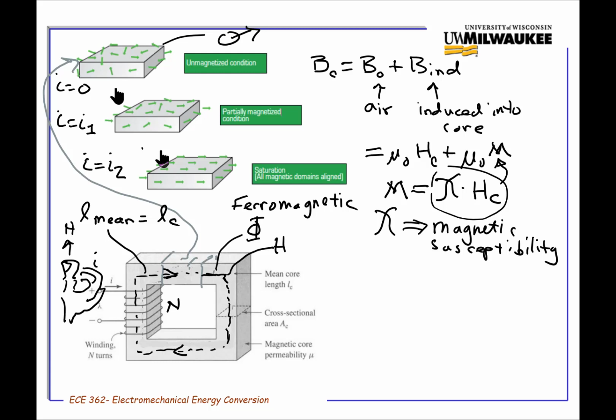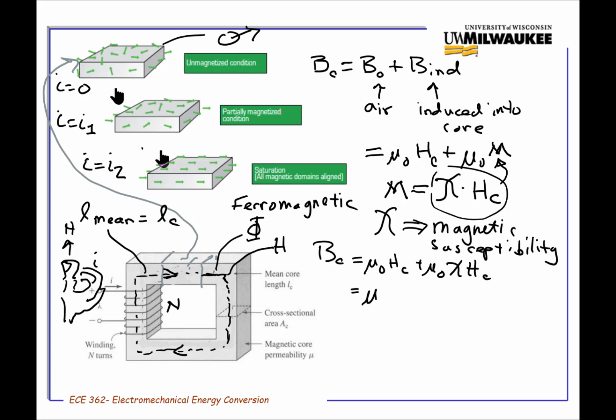So I'm going to plug this into that expression and let's work out the flux density in the core. It's mu naught times the field intensity in the core plus mu naught times chi times the field intensity in the core.